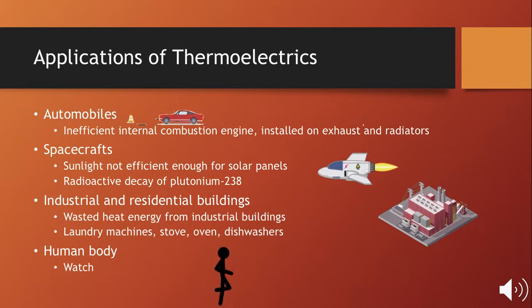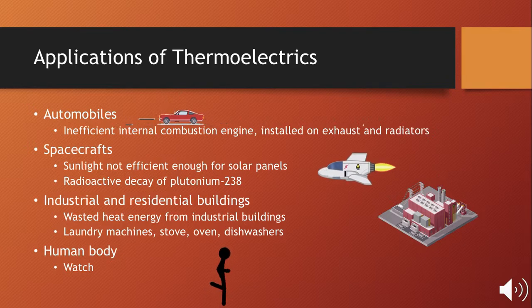So how can thermoelectrics be used to harness wasted heat energy to power the world, and how is it being used? There are already some on automobiles, spacecrafts, industrial and residential buildings, and even the human body. It is very important, at least for the first three, to try to convert this wasted heat energy, because most of this wasted heat energy is negatively impacting the environment.